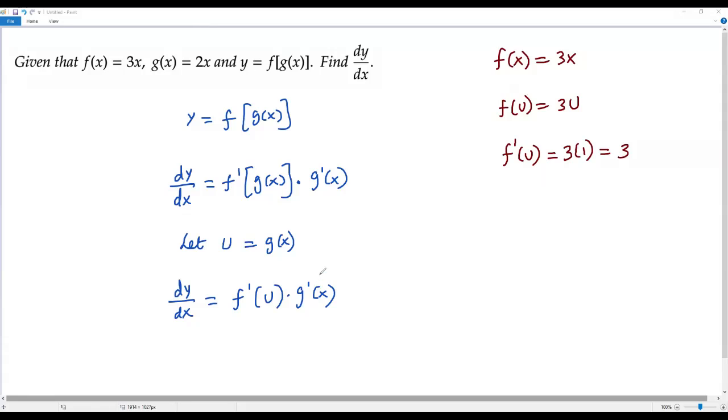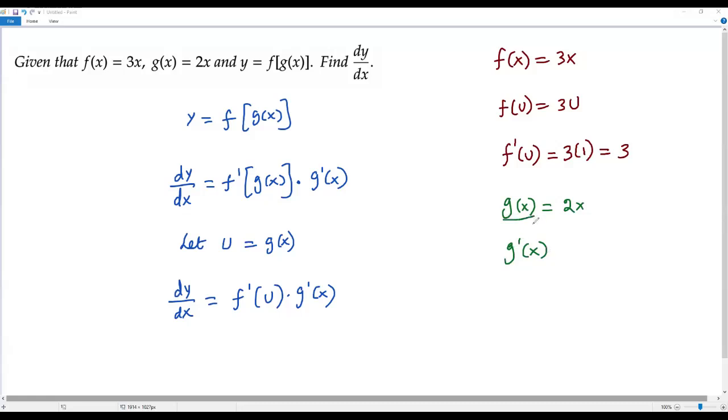Now my aim is to get g prime of x. For that, I consider the function g of x that's given in the question itself. That is g of x equals 2x. To get g prime of x, I have to find the derivative of this g of x. When I find the derivative of this g of x, it will become g prime of x. And it's a function of the variable x, so the derivative we do over here with respect to x.